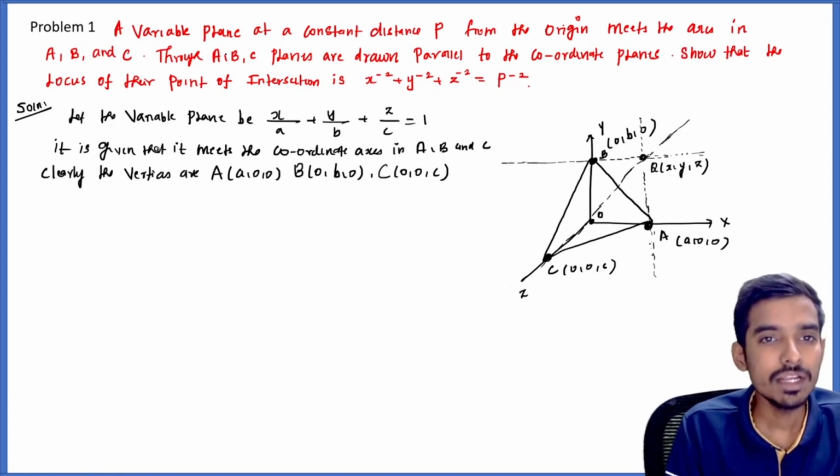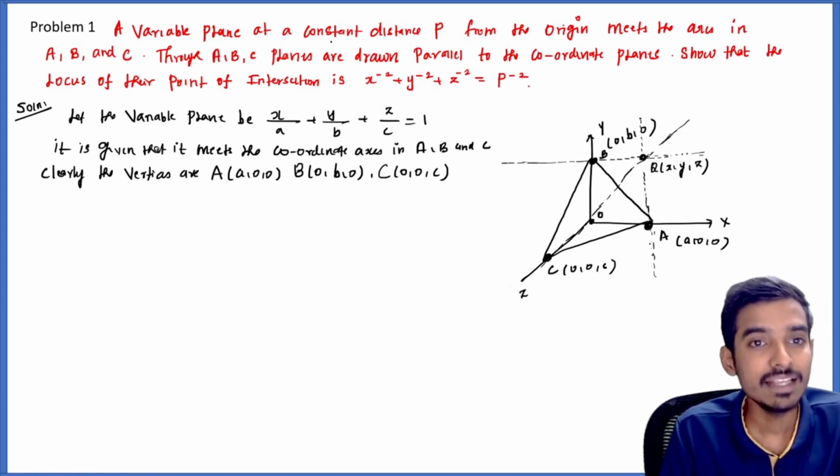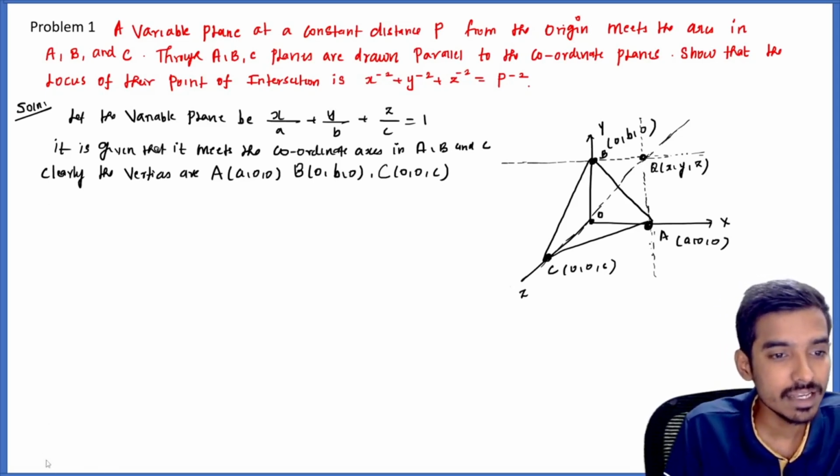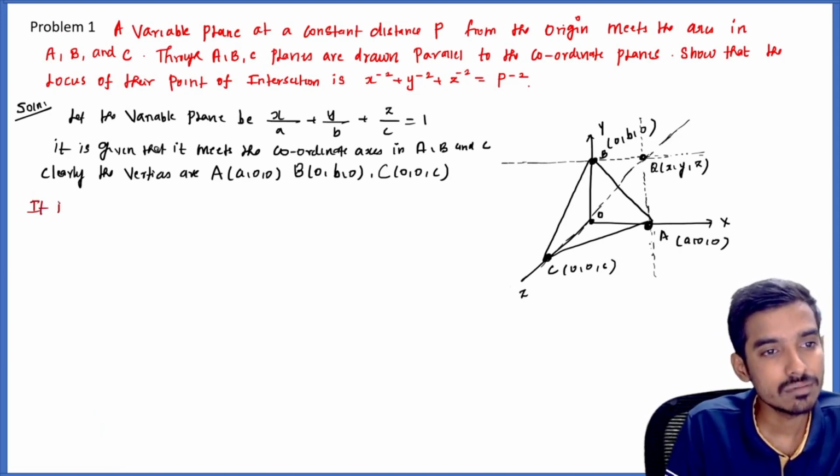Okay. Now it is given that a variable plane is at a constant distance p from the origin, right? So it is given that it is at a distance of p from the origin.